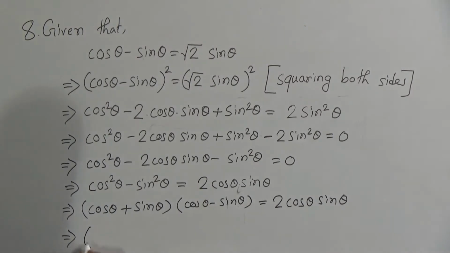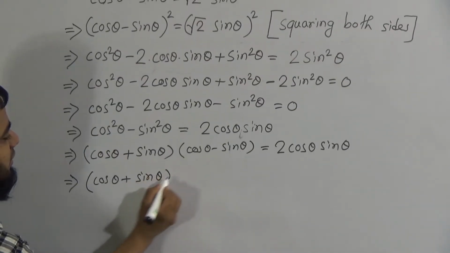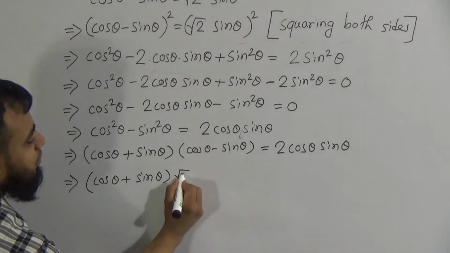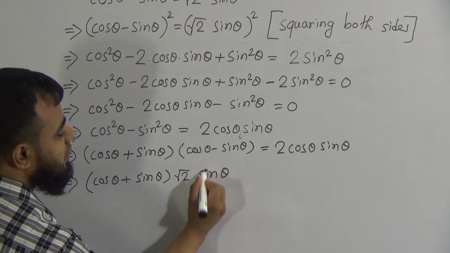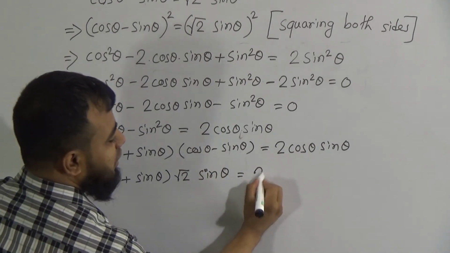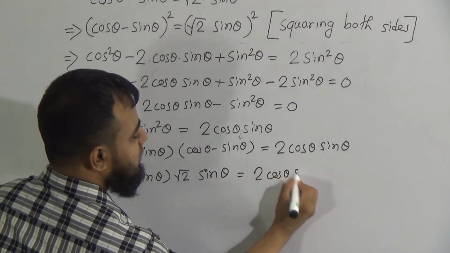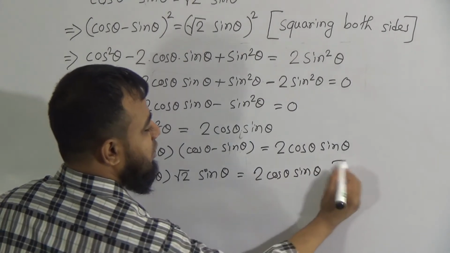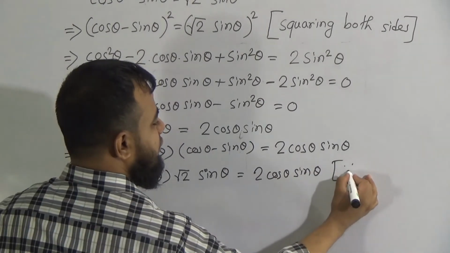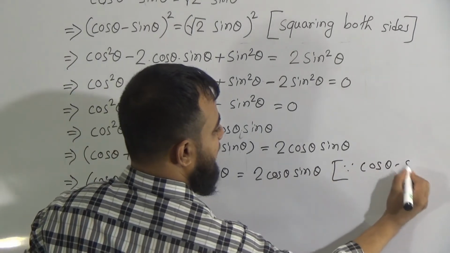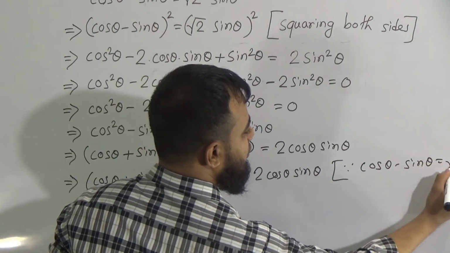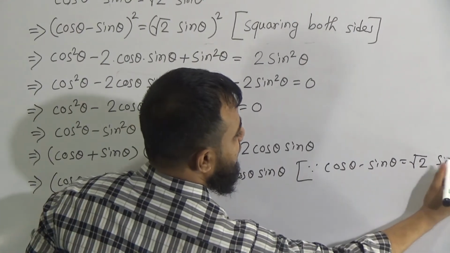Write down cos theta plus sin theta, and in this position we can write 2 root 2 sin theta, because this value is given in the question. 2 cos theta sin theta remains unchanged on the right side. We can write down the note: cos theta minus sin theta is equal to root 2 sin theta.